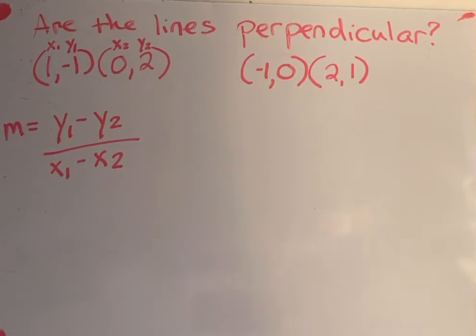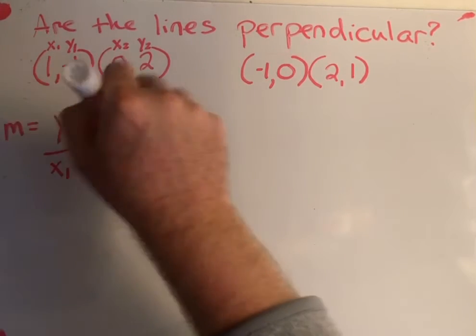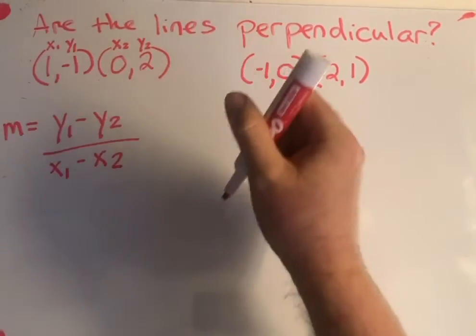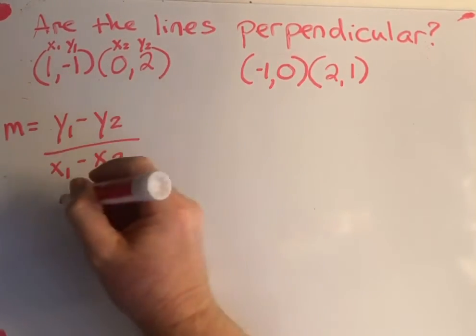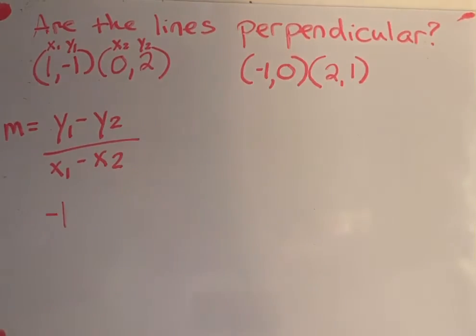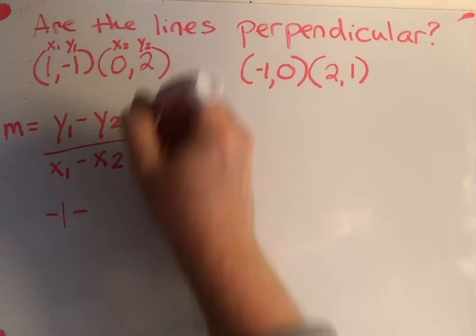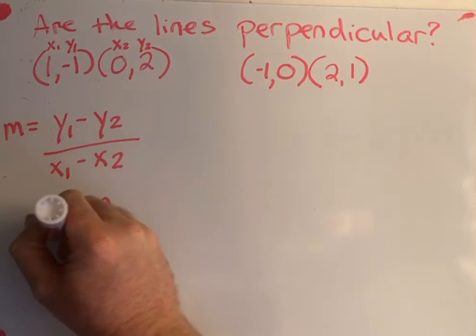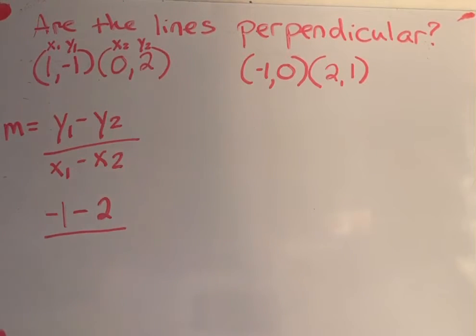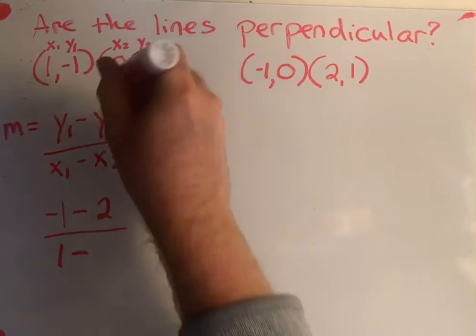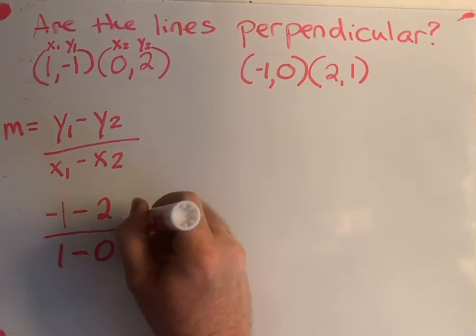So I'm going to plug these in. I'm going to replace my variables with actual numbers here. So y1 is -1 minus y2, so minus y2 is 2, over x1, which is 1, minus x2, which is 0.